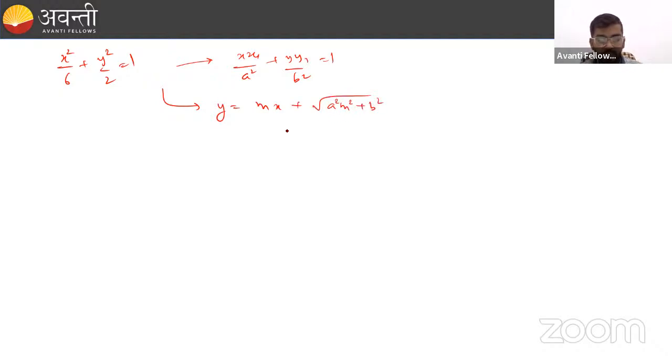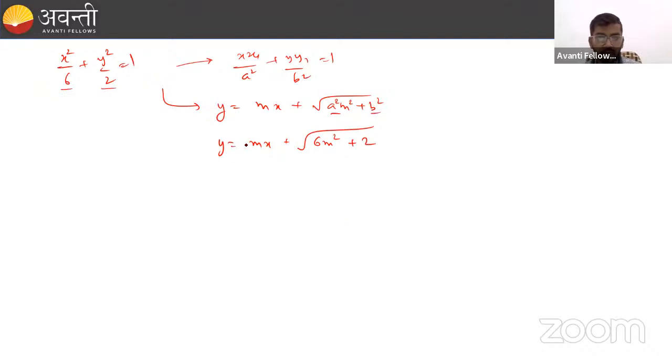So now the equation of the tangent will be y equals mx plus under root of 6m square plus 2, right? A square value is 6, b square value is 2, so we have just substituted that.